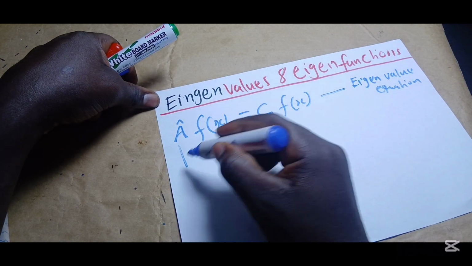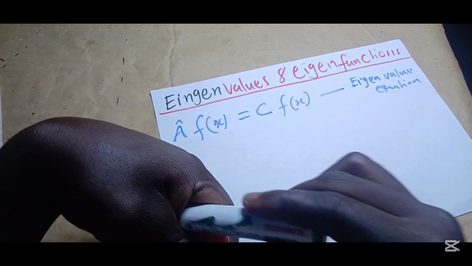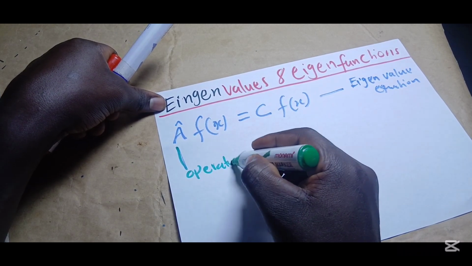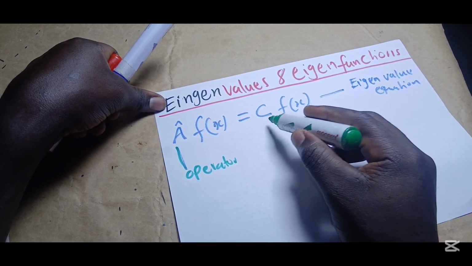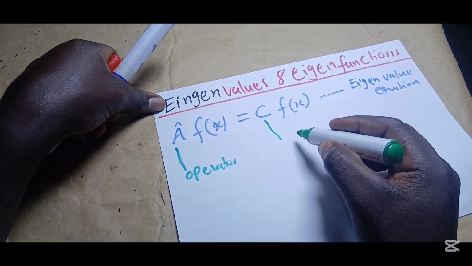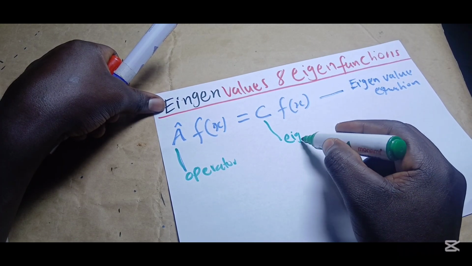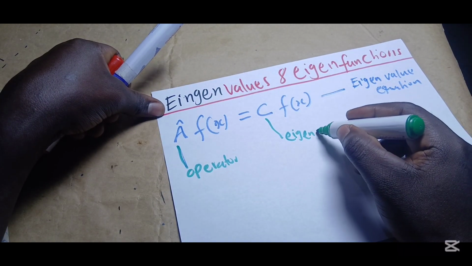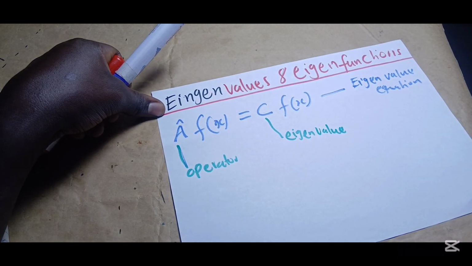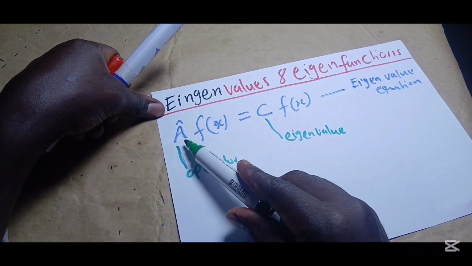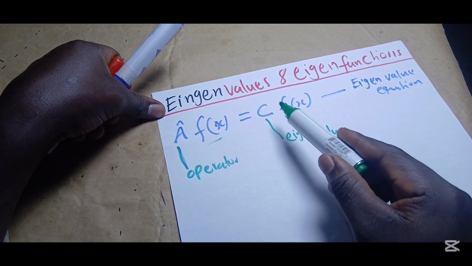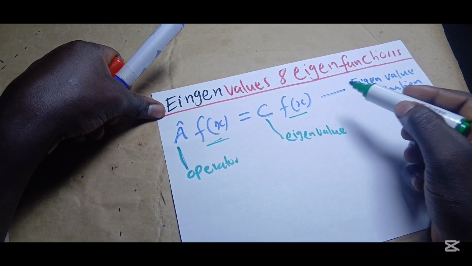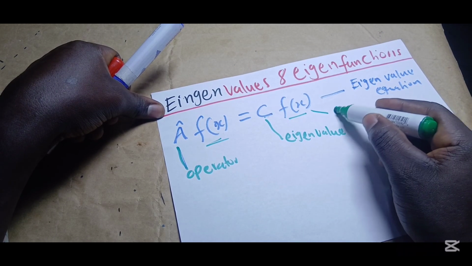Where this one here is the operator, and C here is the eigenvalue. Since this operator acted on this function to give us a certain constant and the same function again, this function can be called an eigenfunction.